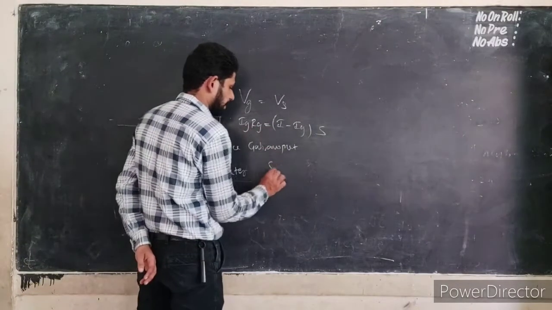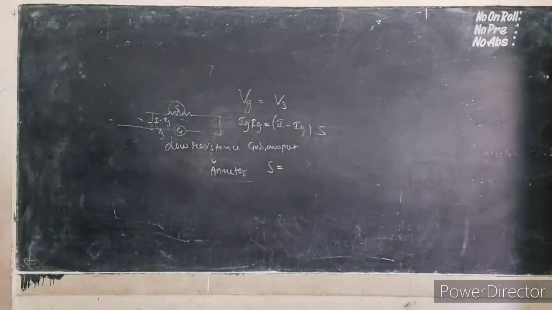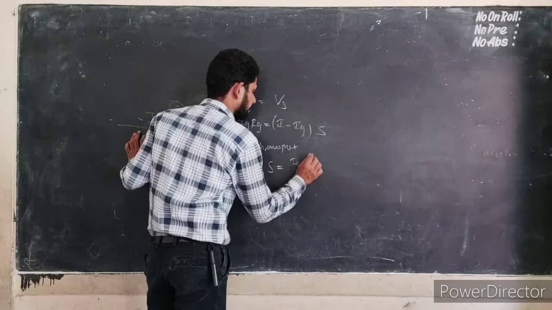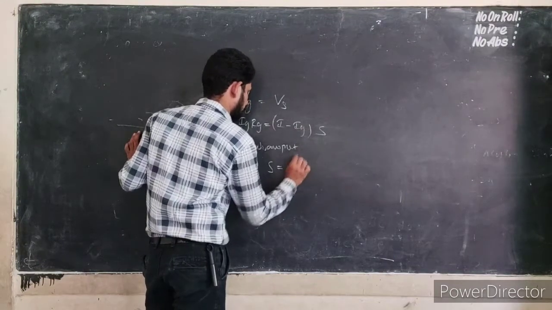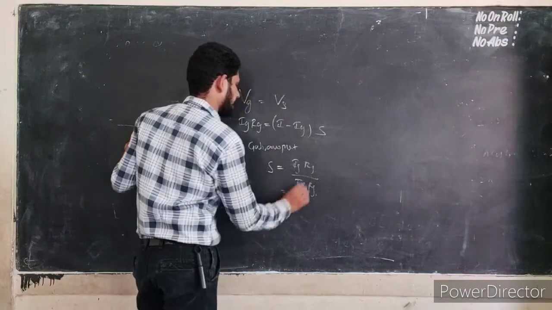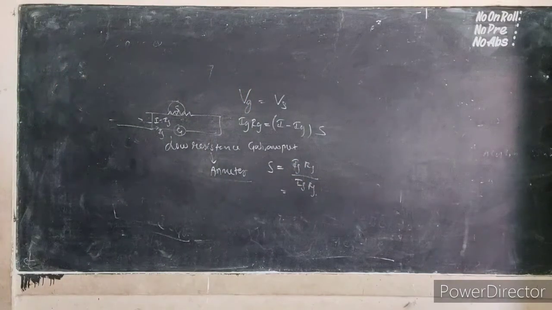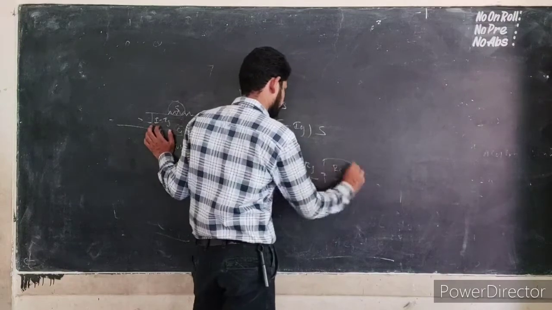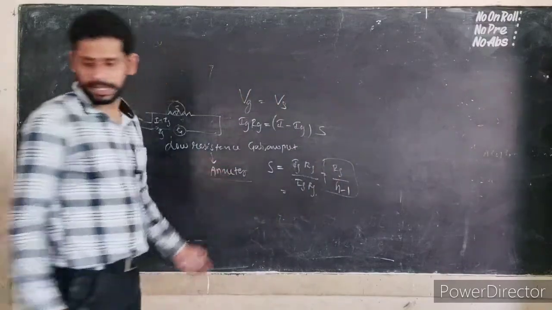So from here we can write S equal to Ig Rg by (I minus Ig). Taking Ig outside, S is Ig Rg by (n Ig minus Ig). Ig will cancel, so S equals Rg divided by (n minus 1).